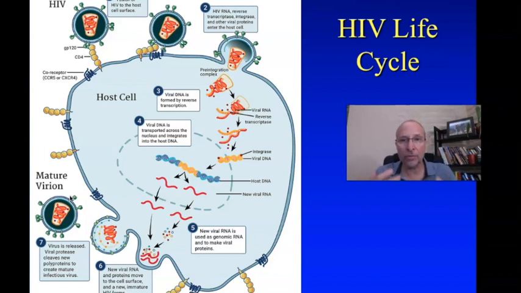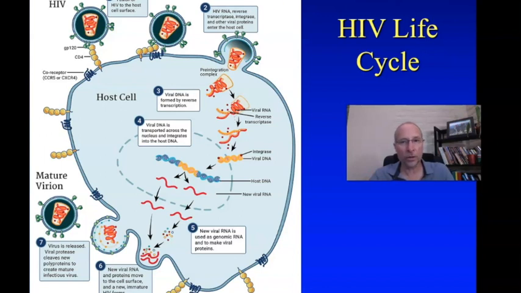And the number of viruses that are produced by a single individual per day is 10 billion. So a single individual who's HIV infected produces 10 billion new virus particles per day. Now, those viruses will all be copied, not all of them, but those that survive will be copied. And when they're copied, they'll introduce mutations.